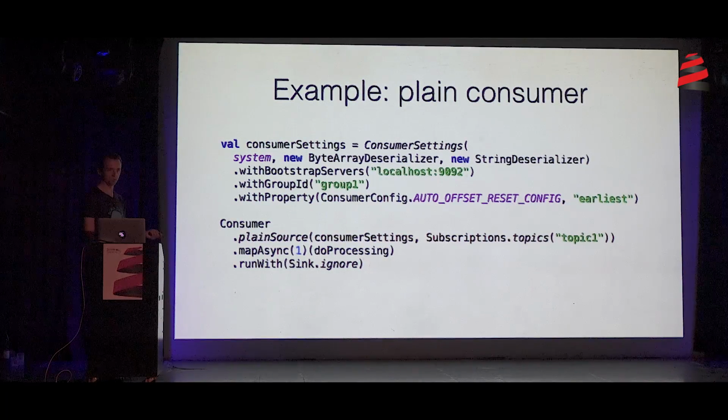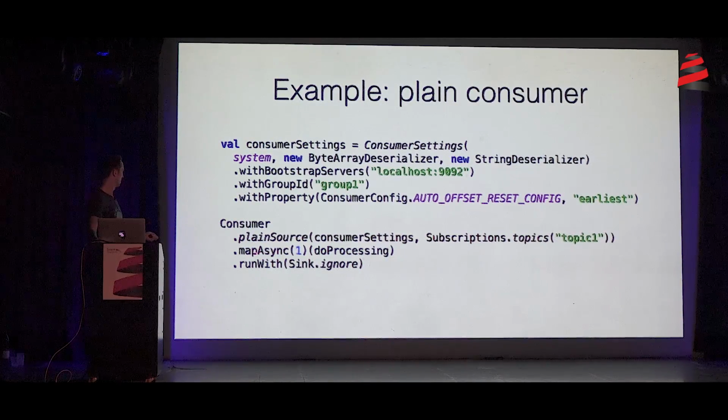It's the consumer object from Reactive Kafka API and its plainSource method, which will create a source, an Akka Streams source, emitting messages from Kafka connected with these parameters. The rest of the stream are just further stages of processing.